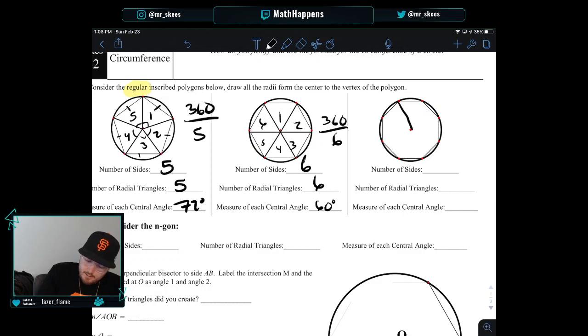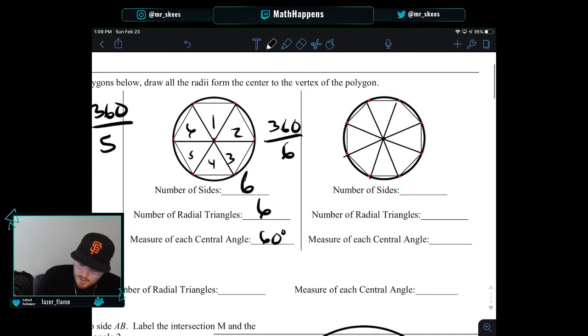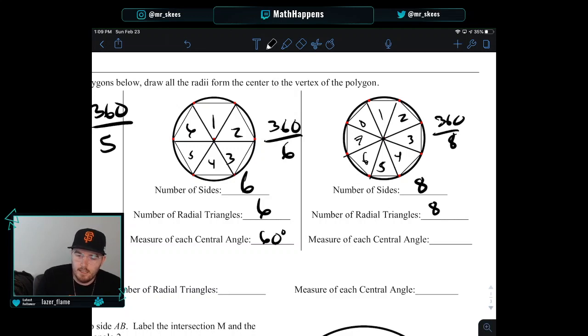Now, the next shape: we've got 1, 2, 3, 4, 5, 6, 7, 8 radial triangles because there's 8 sides, and 360 divided by 8 is 45 degrees.